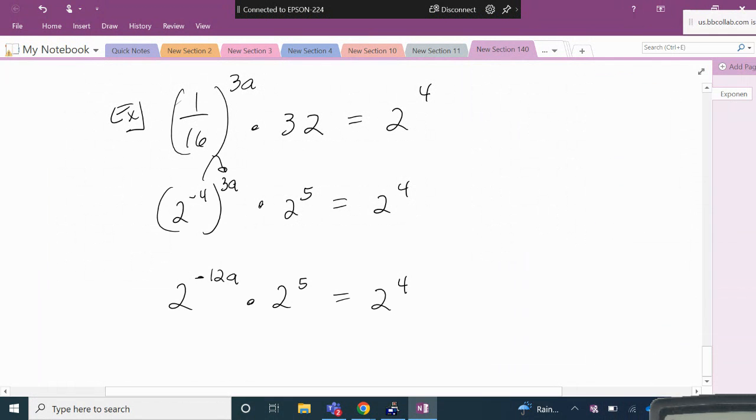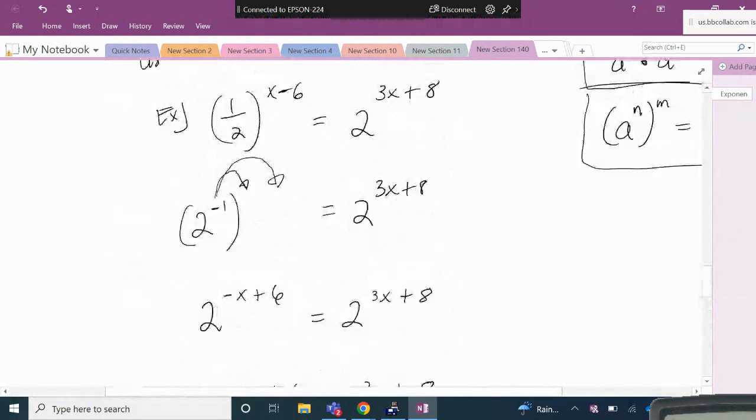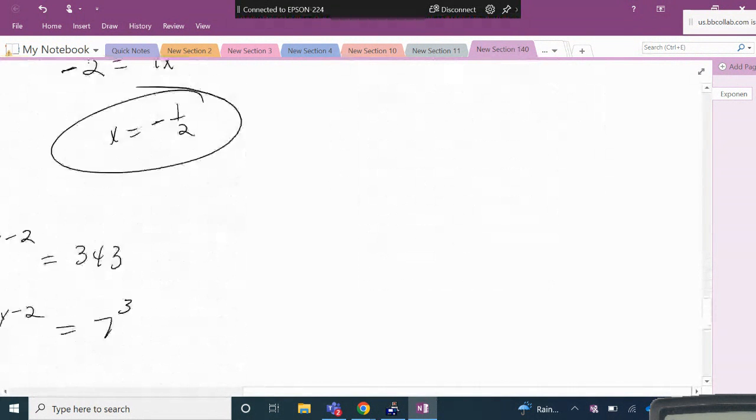All right, now keep in mind the couple of rules we just talked about. I'm going to go back here, and I want to concentrate on this one. A to the m times a to the n is a to the m plus n. So if you're multiplying like bases, you should add your exponents.